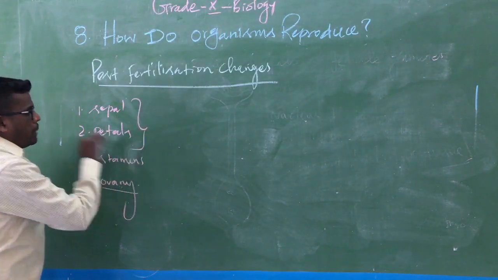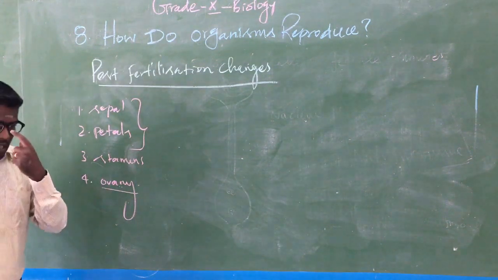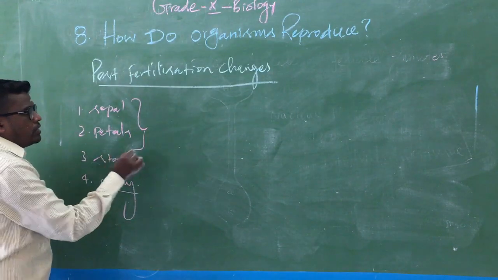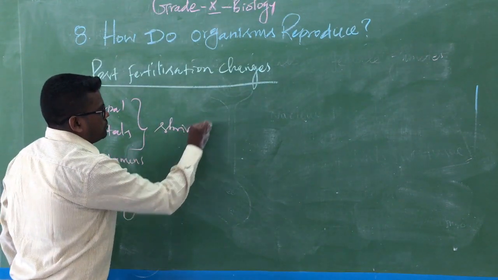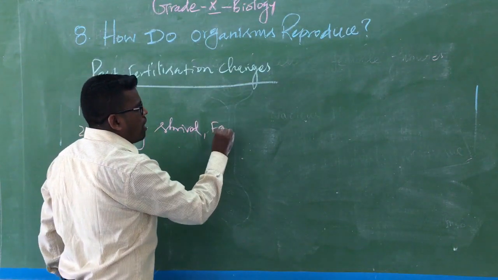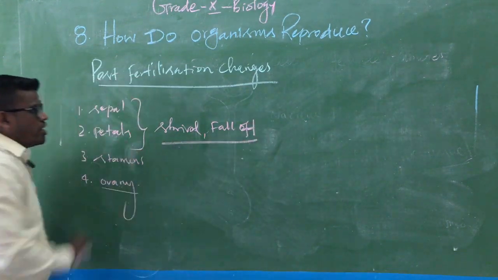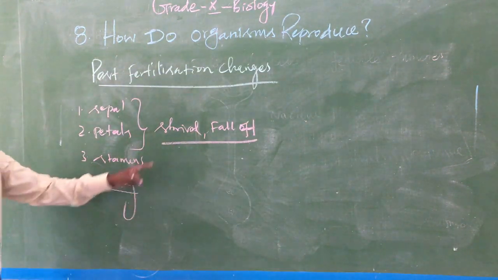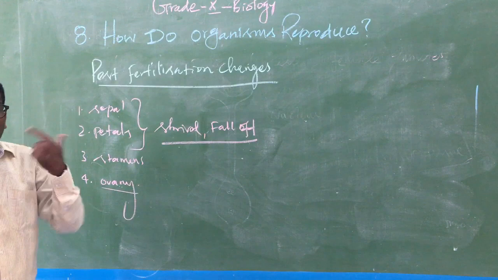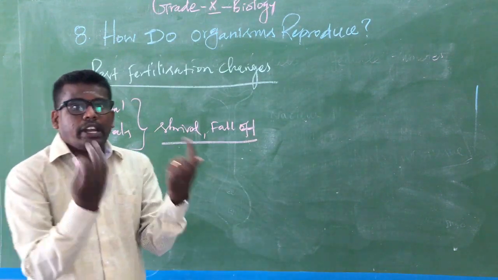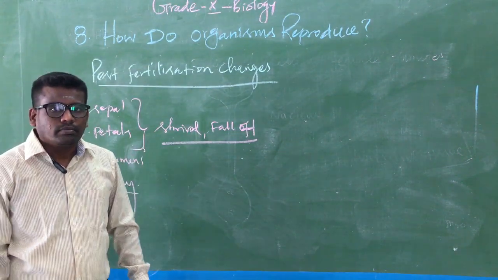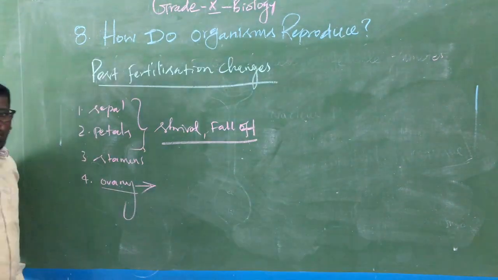The sepals and petals, you already know, are the non-reproductive parts of the flower. These petals and sepals shrivel and fall off. Shrivel means shrink. Even the stamens fall off. Now, what happens in the ovary?